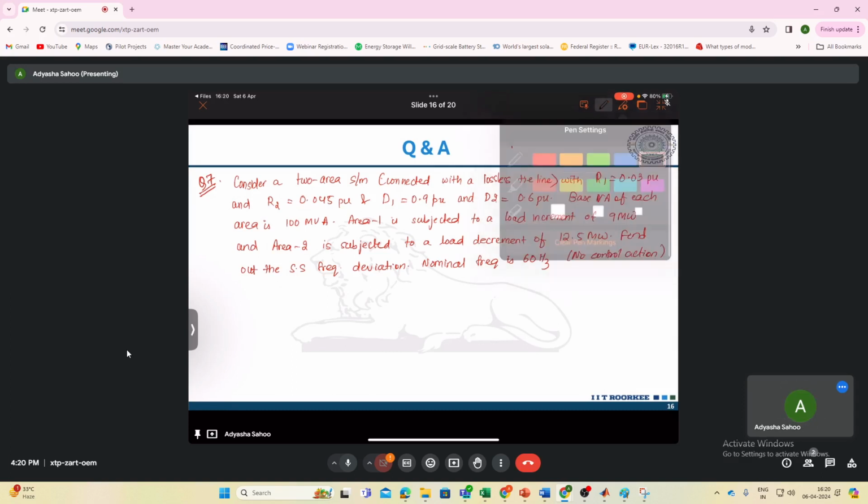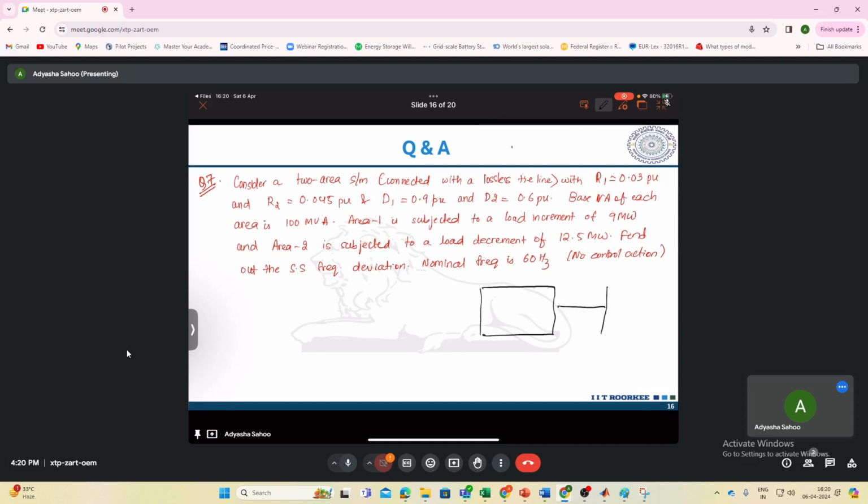Here two areas are given. Area 1, area 2.